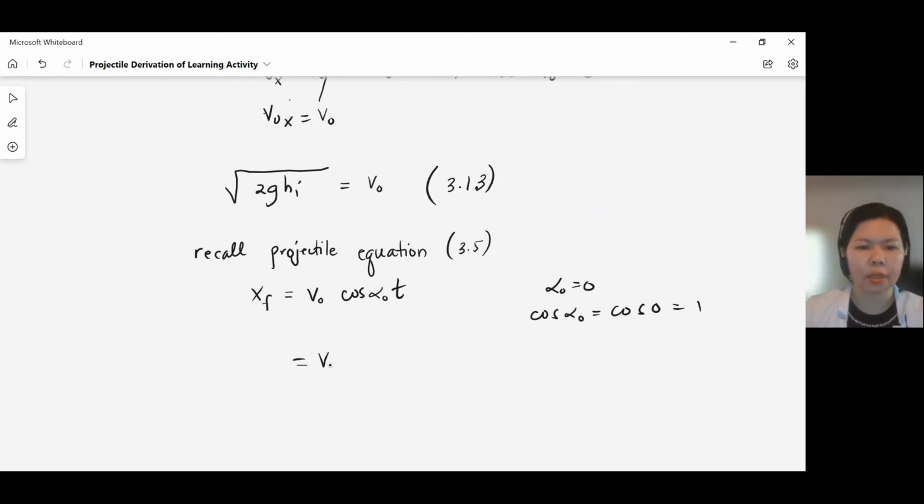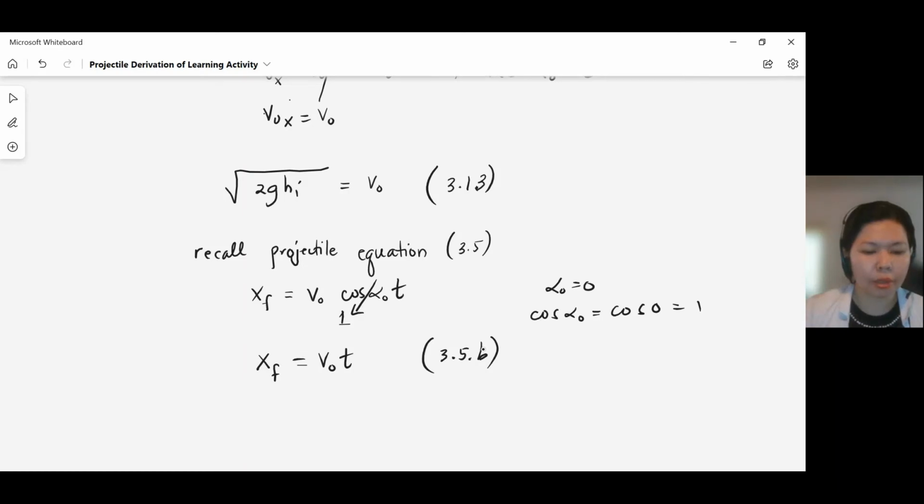So this will become 1 v naught t, our XF. Cosine 0 is 1. Let's call this one 3.5.b.